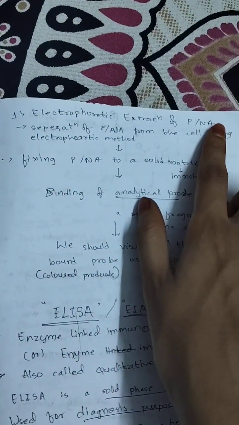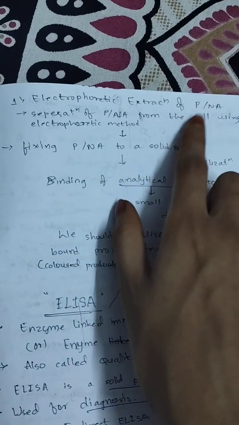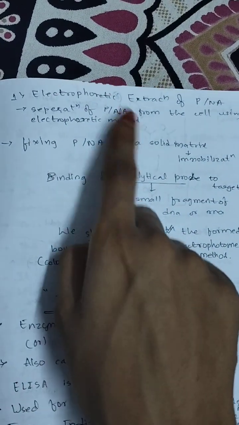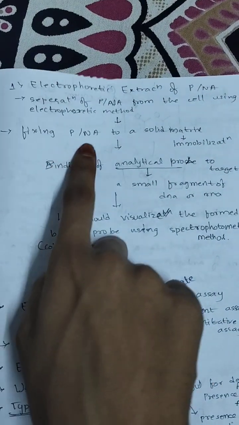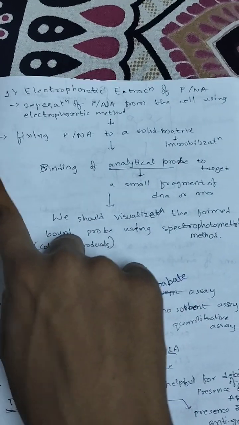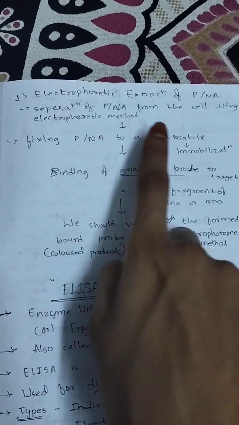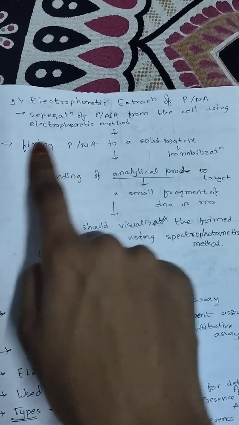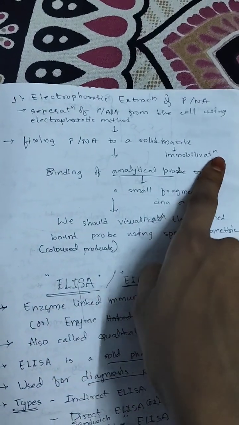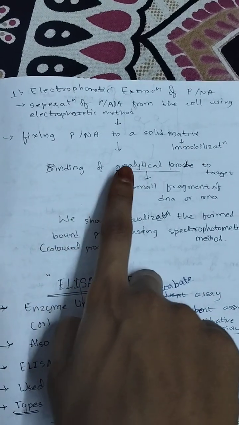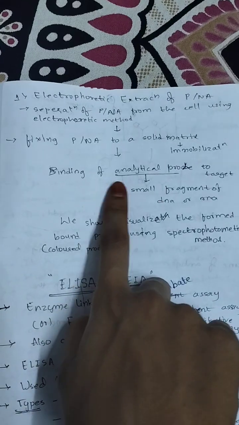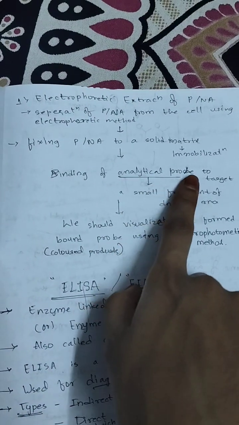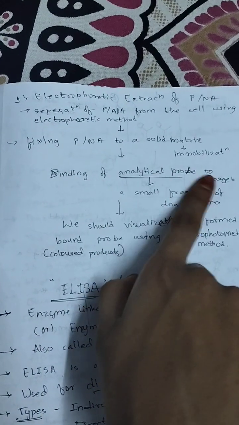In the electrophoretic extraction of protein or nucleic acid, proteins or nucleic acids are separated from the cell by using the electrophoretic method. Then these proteins or nucleic acids are fixed to a solid matrix. This process is immobilization. Then, to these immobilized proteins or nucleic acids, an analytical probe is bound to the target.